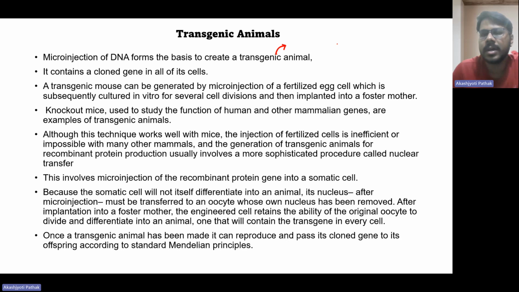This concept has been taken from the book by T.A. Brown, a very standard classical textbook which is followed. It is generated by microinjection of a fertilized egg cell, which is subsequently cultured in vitro for several cell divisions and then implanted into a foster mother. We will understand how this microinjection takes place in the next slide.